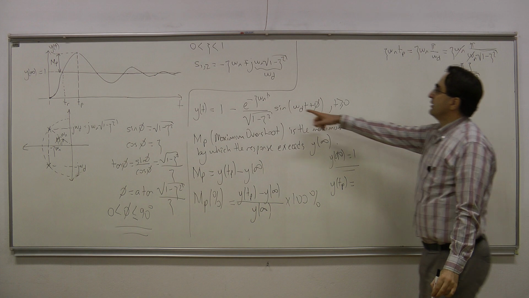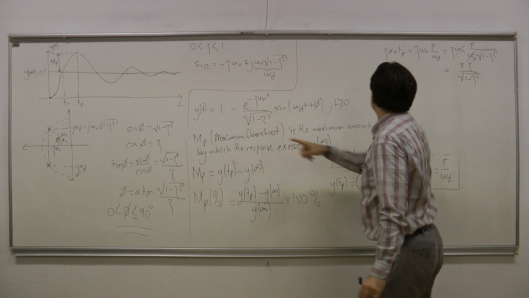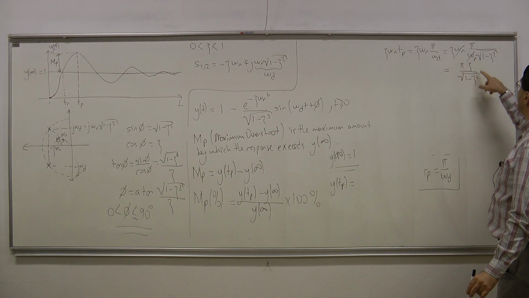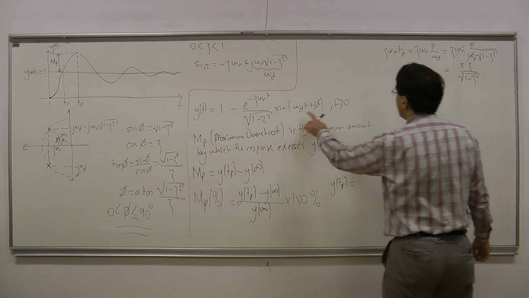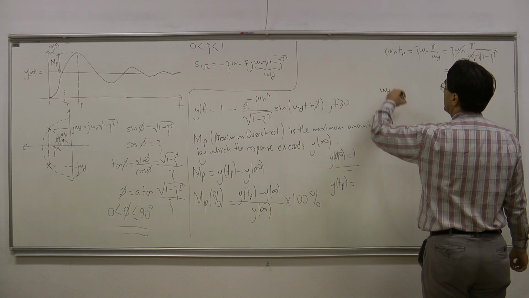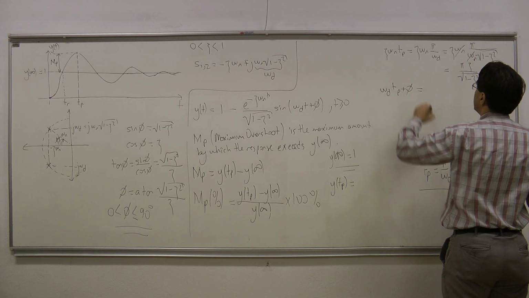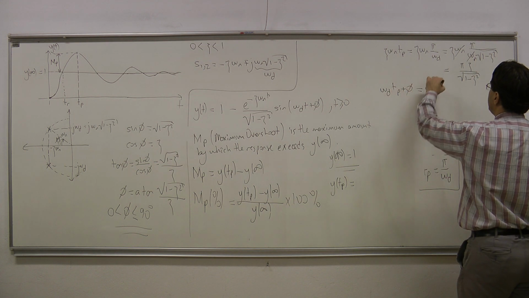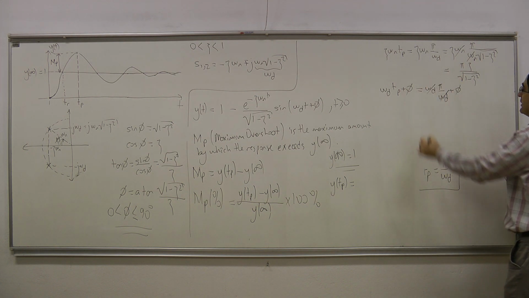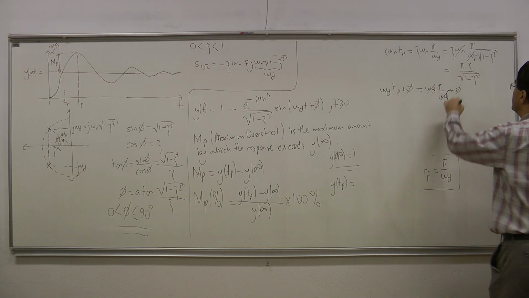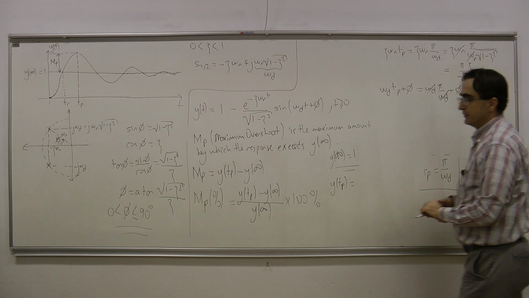Okay, so the argument of this exponential function is going to be minus pi psi over square root 1 minus psi square. And what about the sine argument here? Omega d times Tp plus phi is omega d times pi over omega d plus phi. Here the omega d's cancel, and that means the argument of the sine should be pi plus phi.